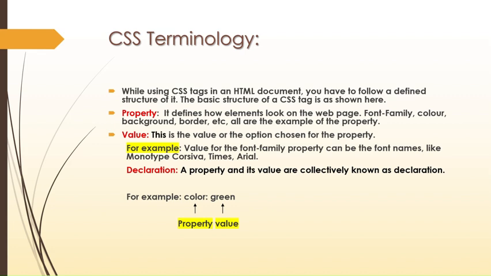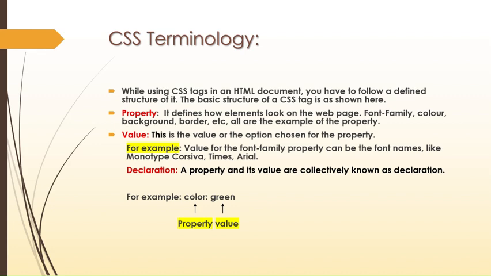So what is value? This is the value or the option chosen for the property. It's a typical language, so let's understand it easily. For example, the value for the font family property can be font names like Monotype, Courier, Times, Arial.